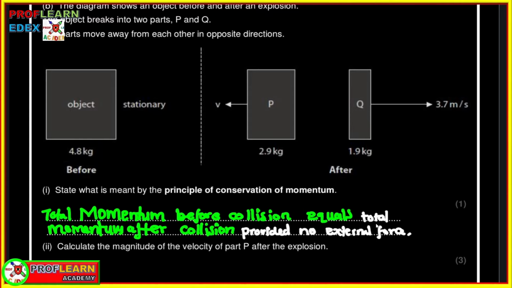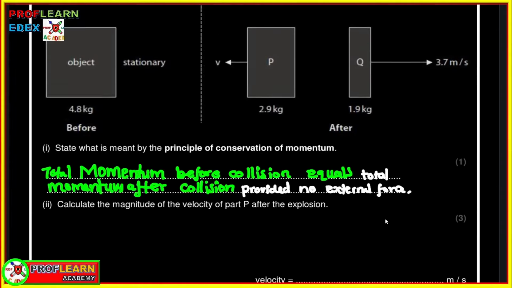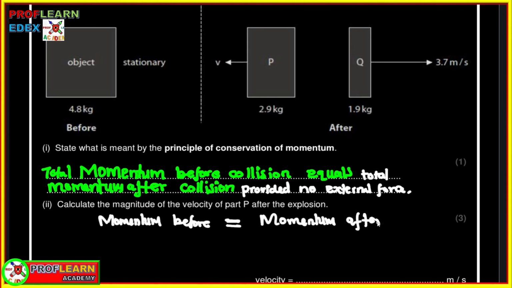We're supposed to calculate the magnitude of the velocity of particle P after the explosion. What we need to appreciate is that total momentum before collision was 0. Then V times 2.9 will be the momentum of P, and the other one will be negative 3.7.